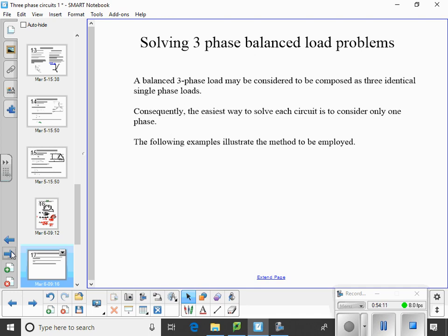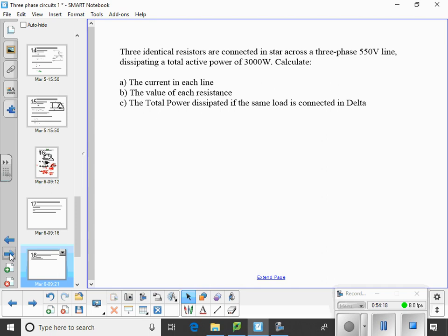Size of current-wise. Remember, you're always going to have phase differences. All right. So, three identical resistors are connected in star across a three-phase 550 volt line, dissipating a total active power of 3,000 watts. So let's just have a sketch.